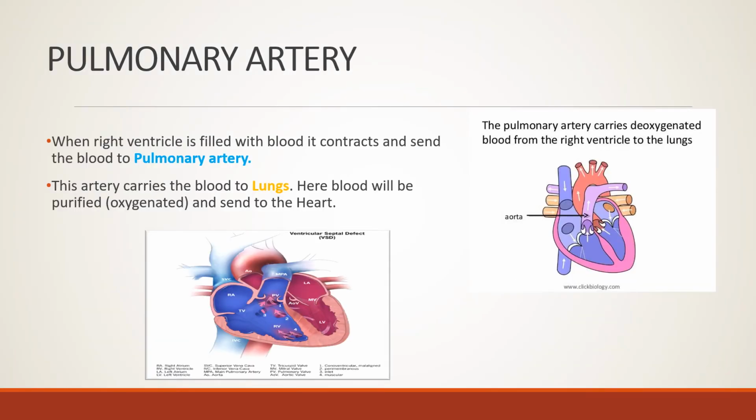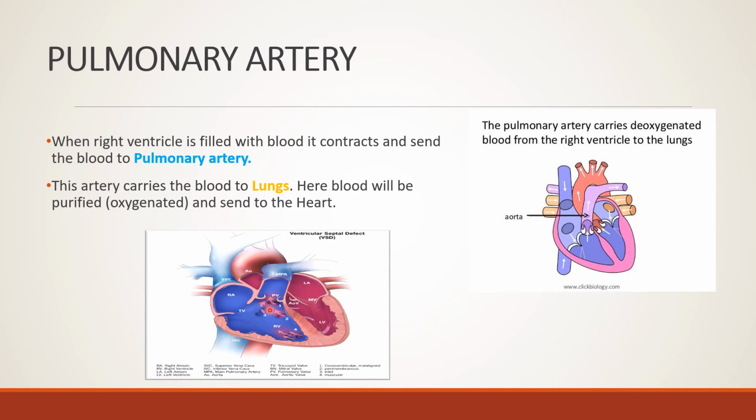This violet colored part is the pulmonary artery. It originates from the right ventricle. The right ventricle is filled with deoxygenated blood, and when it contracts, the blood enters the pulmonary artery. The pulmonary artery brings the deoxygenated blood to the lungs. You can observe here, this is deoxygenated blood and this is oxygenated blood.